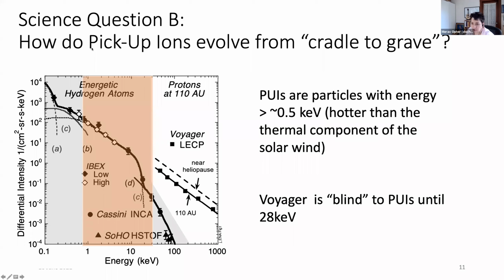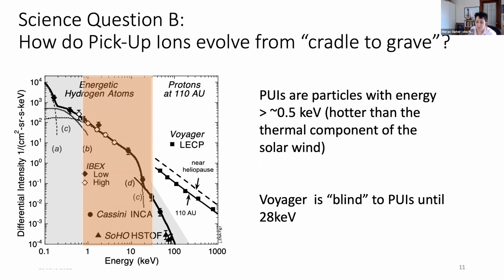I'm not going to talk in this class about it, but we need to understand how they become a pickup ion, and how they evolve from becoming a pickup ion near the sun until they charge exchange and become neutrals, and they disappear and leave. Once they become neutral hydrogen, they can stream and leave the heliosphere.